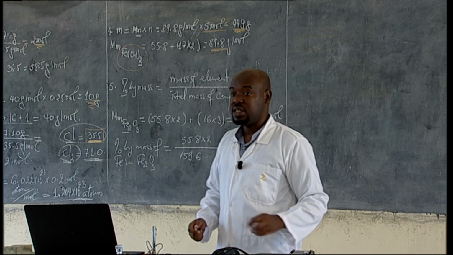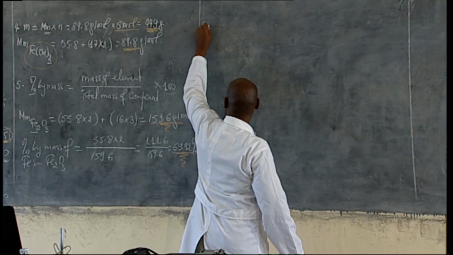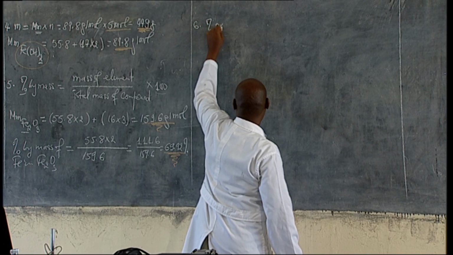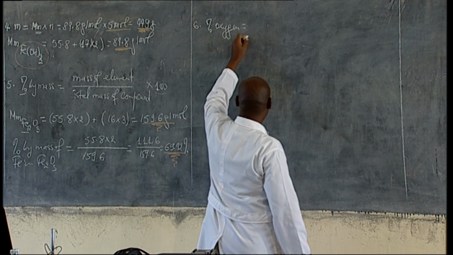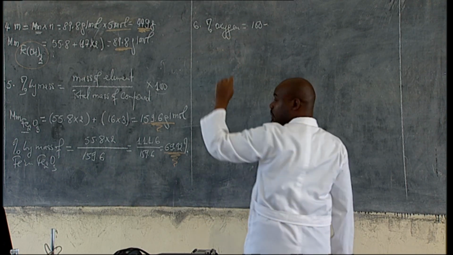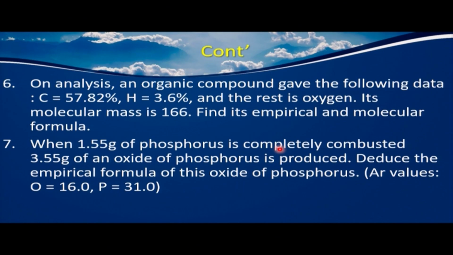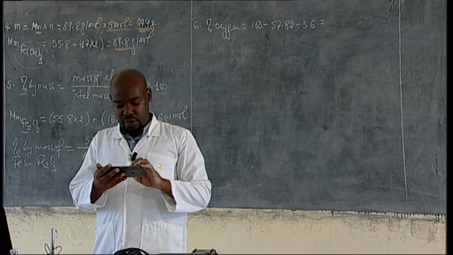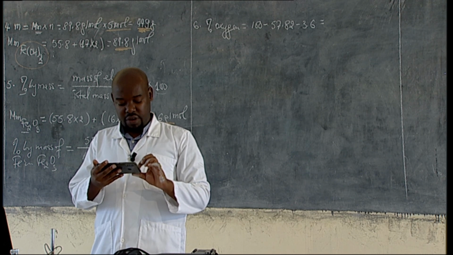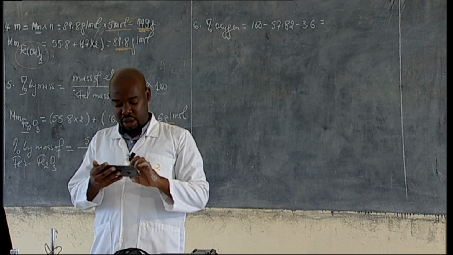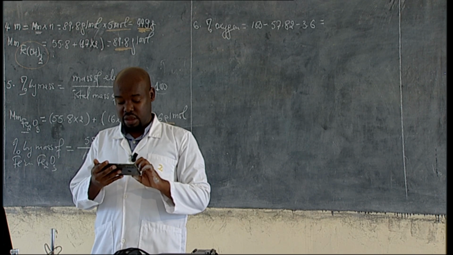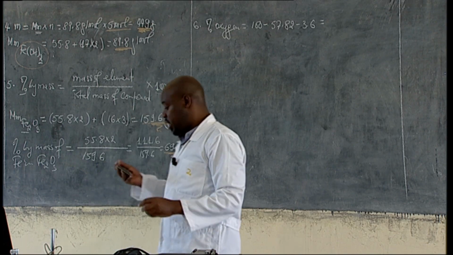So to find the percentage of oxygen, let's find the percentage for oxygen. We get 100 minus the percentages we have, that is 100 minus 57.82 minus 3.6, and we get 38.58.